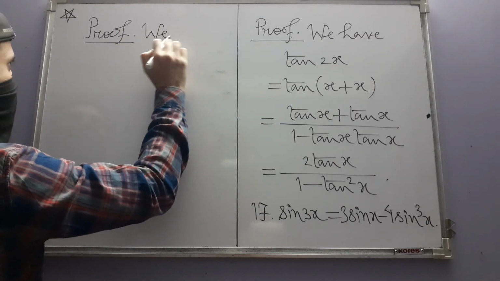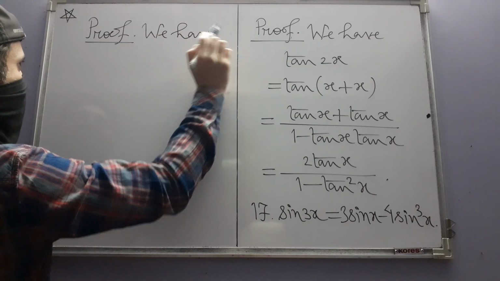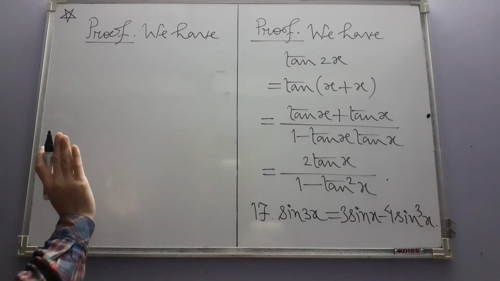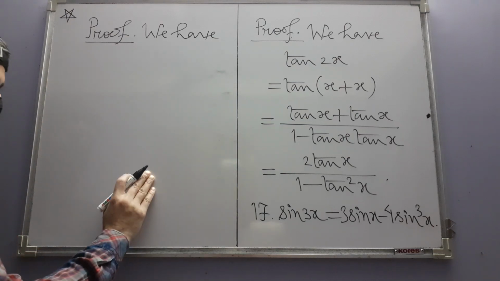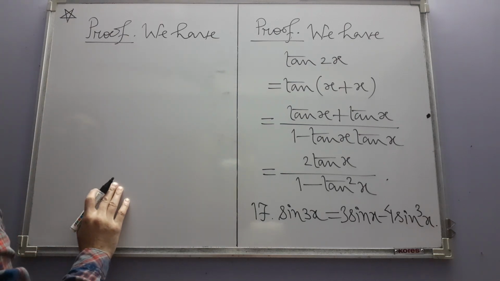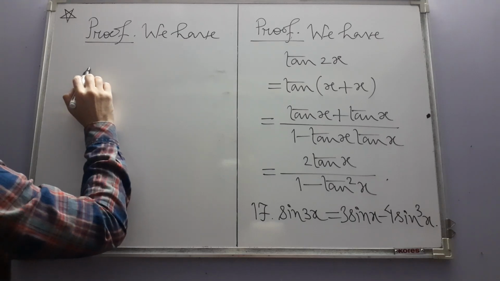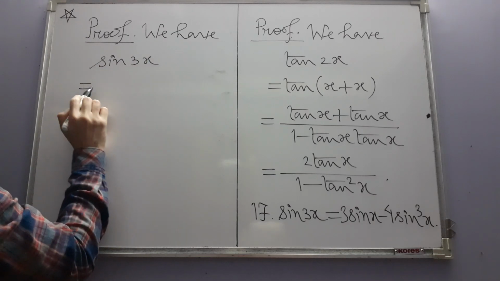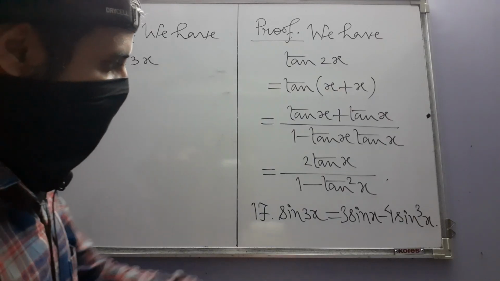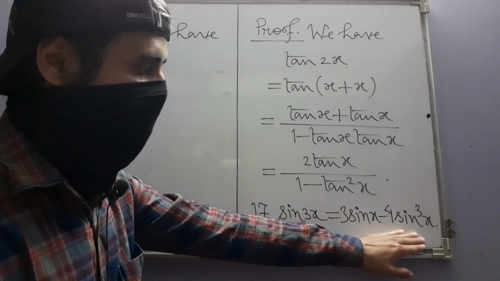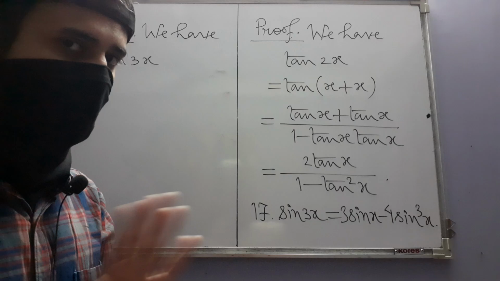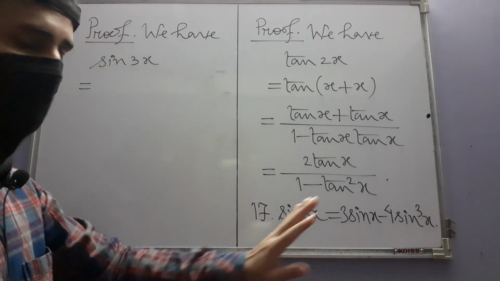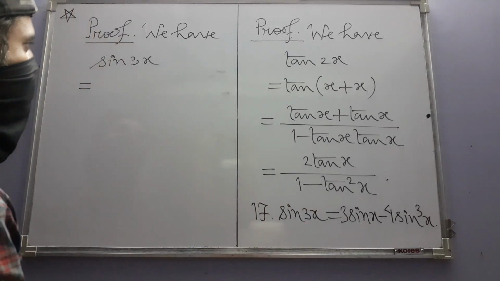We have, so we are straight away going to use addition formula. We will have to use it 2 times. Sin 3x, and note one more thing, that the end result is in terms of sine, not cos. I mean, not a mixture of sine and cos.